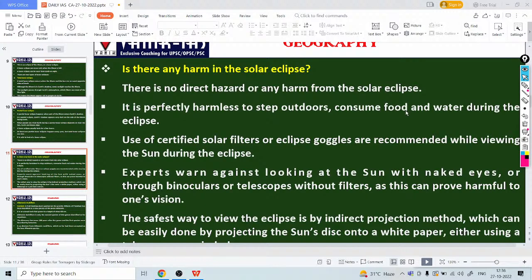The rationalists say it is nothing like that, no control on food, movement, etc. Controversy was raised, but science says there is no harm in taking food or moving outside during the solar eclipse, but it is not advisable to look at the sun with naked eyes during the solar eclipse.